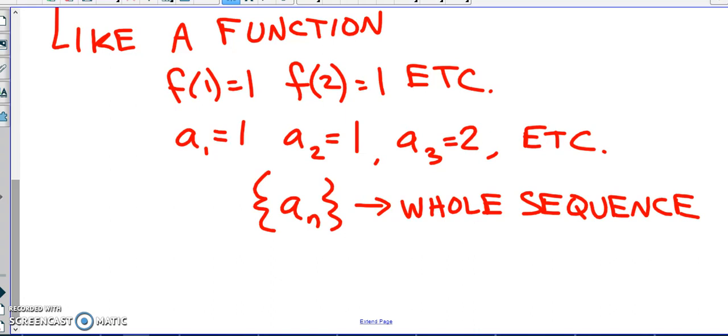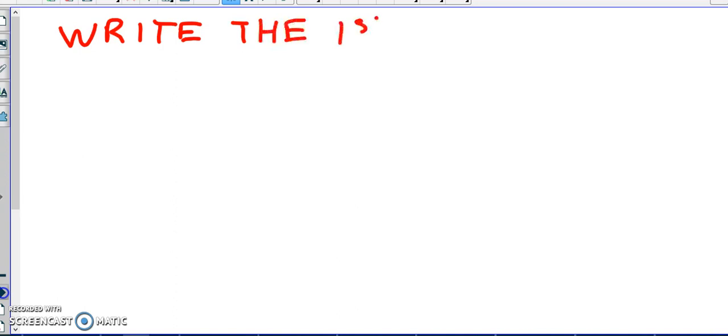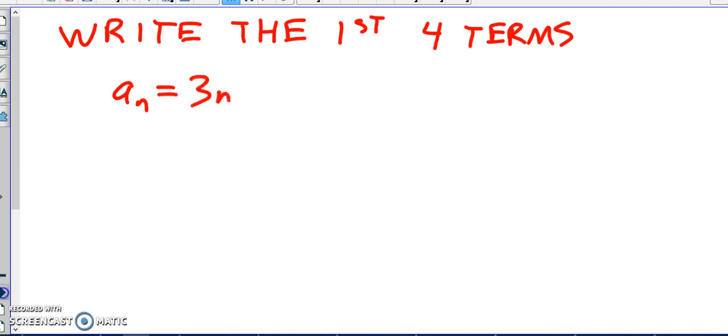All right. So, write the first four terms. Here's a sequence defined as a sub n equals 3n plus 4.